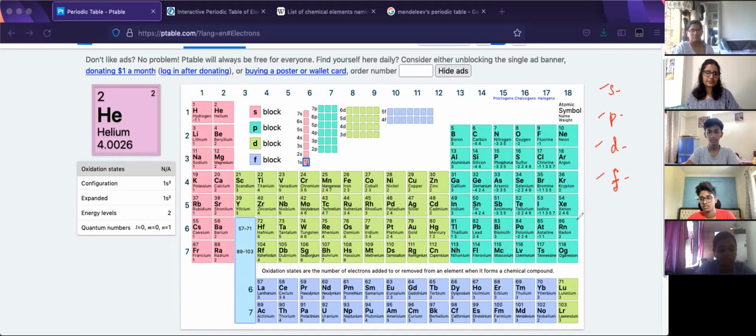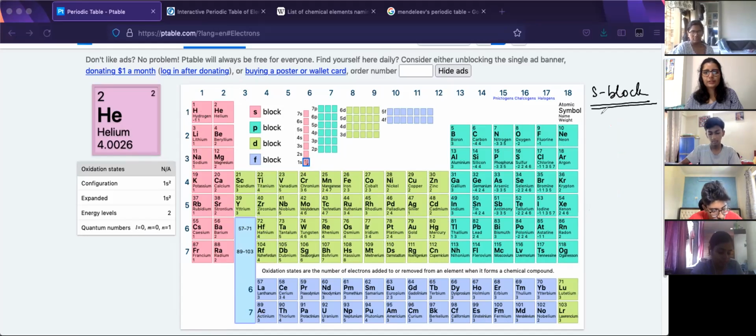Let's look at the properties of the S block. The first 2 groups are in the S block. First property, what do you think is the general electronic configuration for the S block? It ends with s1. Only s1? It ends with s, s2 also.